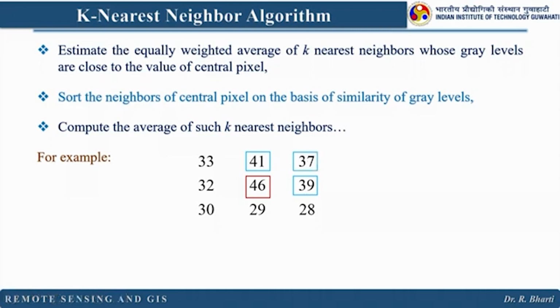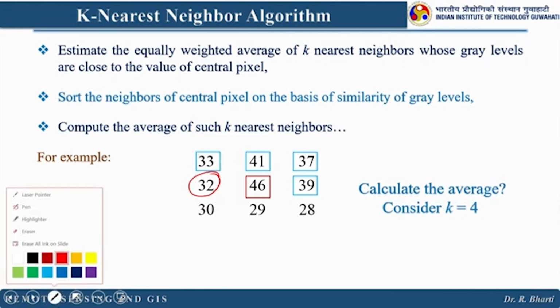The values which are close to the central pixel value are these 4, right, and why only 4? Because your K size is 4. If you increase K to 5, then you can again identify the next closer value, so probably this one, right.